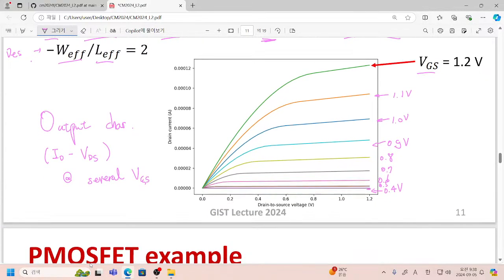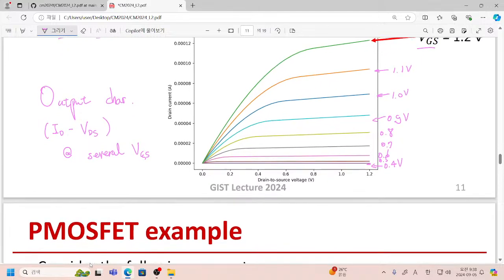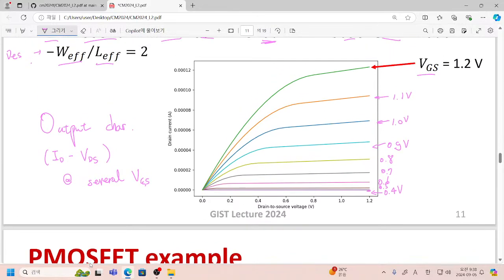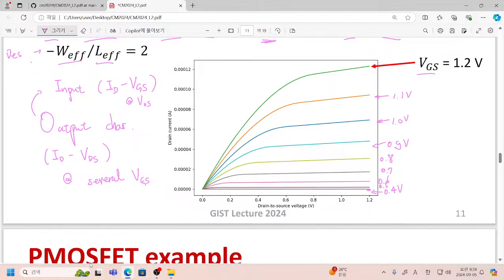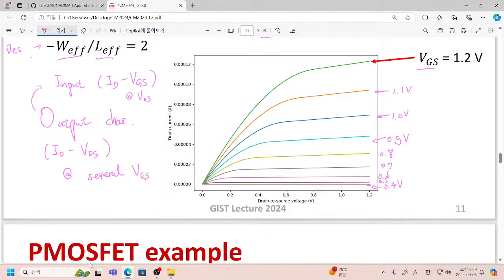Okay, so now here we have output characteristics, and by the way, if we say input characteristics, then usually we mean ID versus VGS characteristics. In this case, we just fix the VDS value and draw some lines. That is more important than these output characteristics. But why don't I draw these input characteristics in this case?